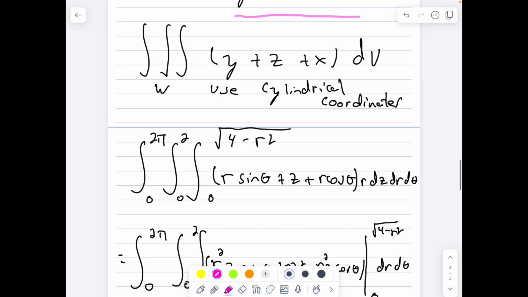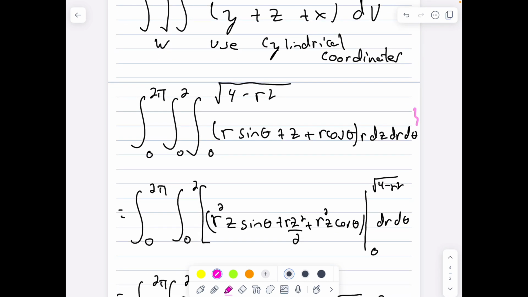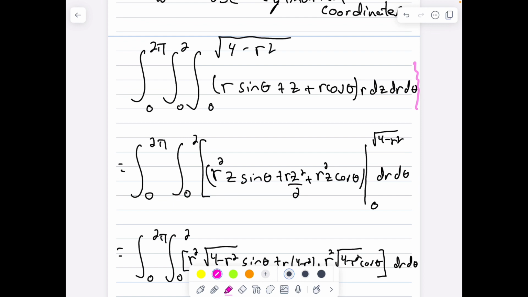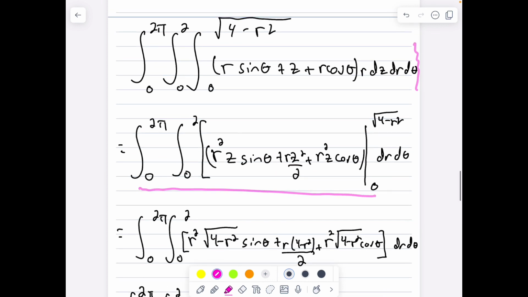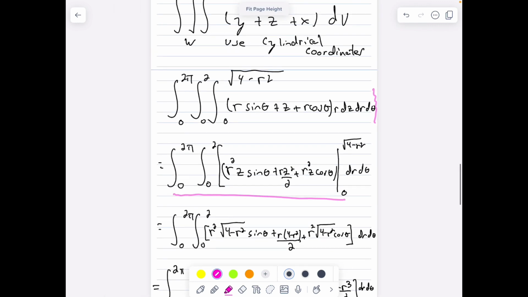And we're going to go ahead now. Let's go back over here. And that integral will now become this after integrating with respect to z. So it's going to be r dz dr d theta, and a couple more things. x and y were converted using r sine theta and r cosine theta, as you can see here for y and then for x.